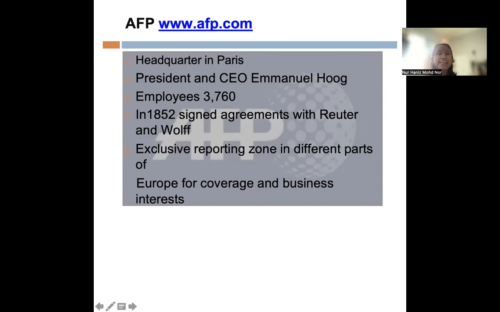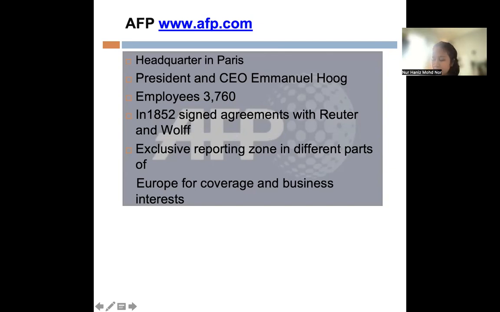For example, in 1852, AFP, Reuters, and AP were very competitive, in the sense that they are global news agencies and want to get as many subscribers as possible. So all three global news agencies, excluding UPI, signed an agreement.